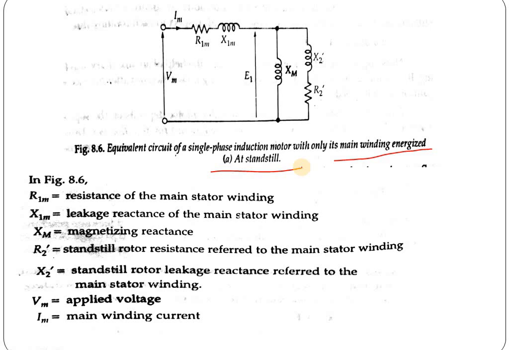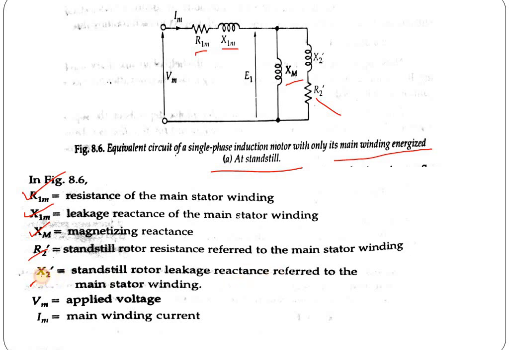So here, R1M is the resistance of the main winding. Then X1M is the leakage reactance of the main stator winding. XM is the magnetizing reactance. Then R2 dash is the standstill rotor resistance referred to the stator main winding.